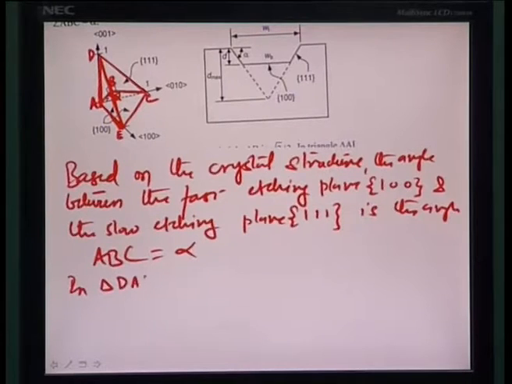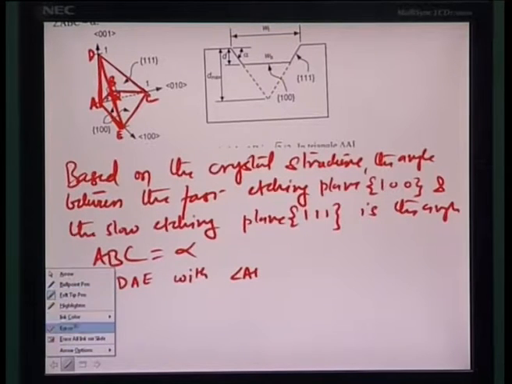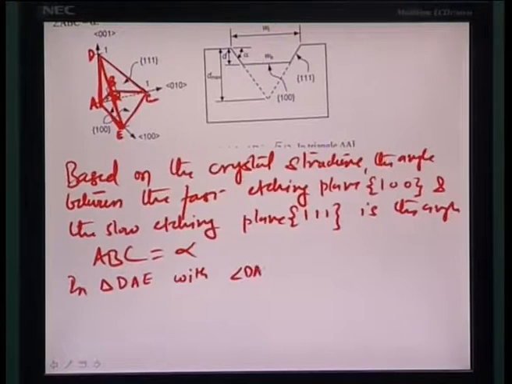So, in triangle DAE, the angle DAE is equal to 90 degrees. If you look at the angle here, this angle DAE is 90 degrees. DA is this one.